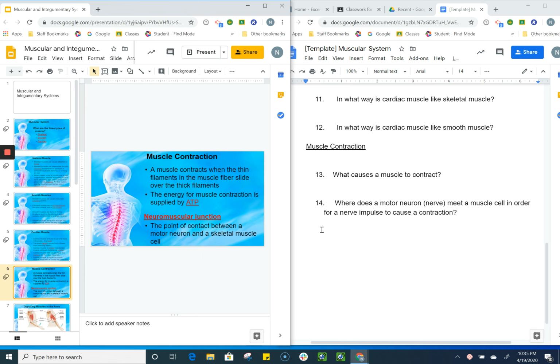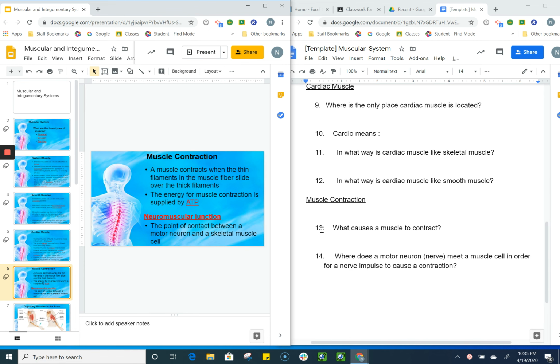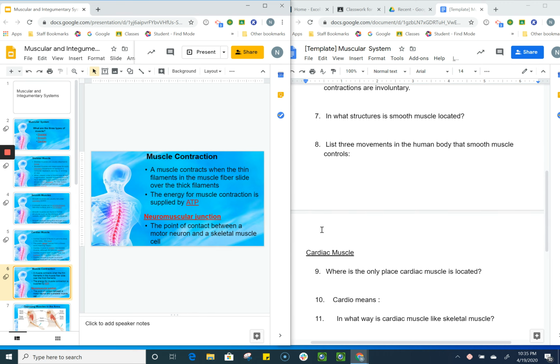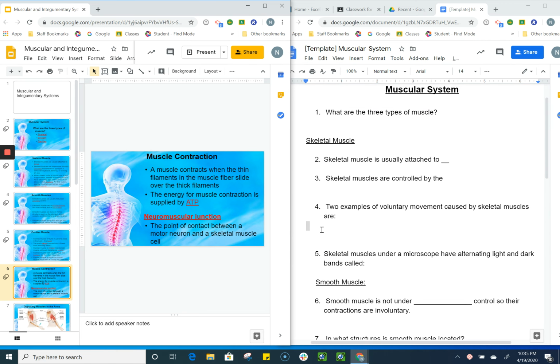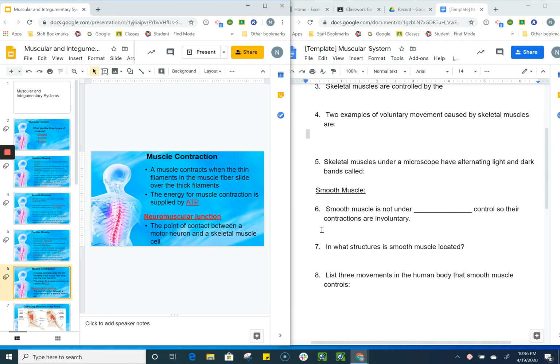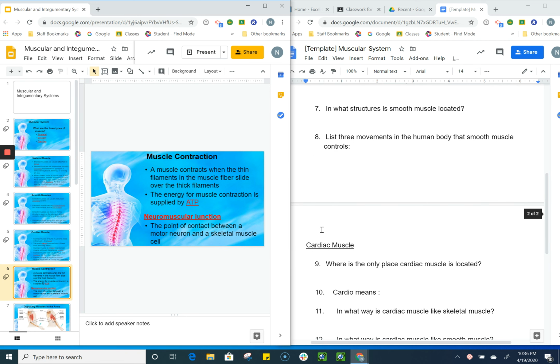That's kind of a real watered down version of what happens there. So that pretty much takes care of the answers for the muscular system. Also, if you're having trouble writing things down, you can always pause the video, back things up, and listen to it again, whatever you need to do to get the correct answers.